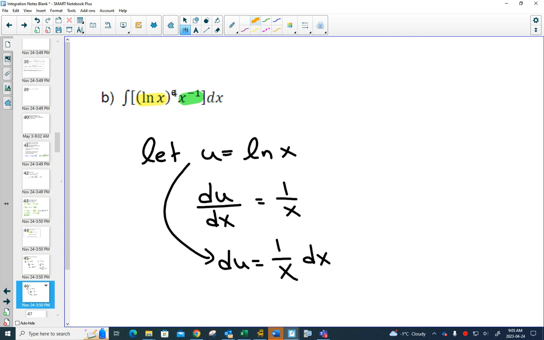Now, when we replace things, instead of ln of x, we have u to the 6. And then instead of x to the minus 1 dx, we replace all of that with du. Simple integration.